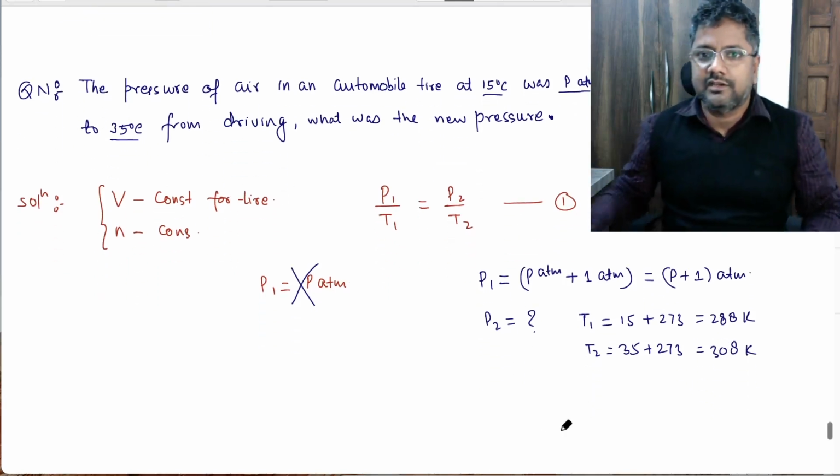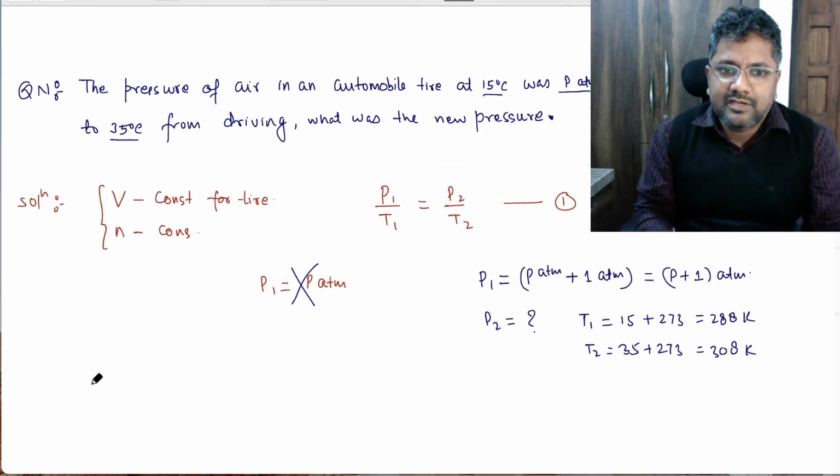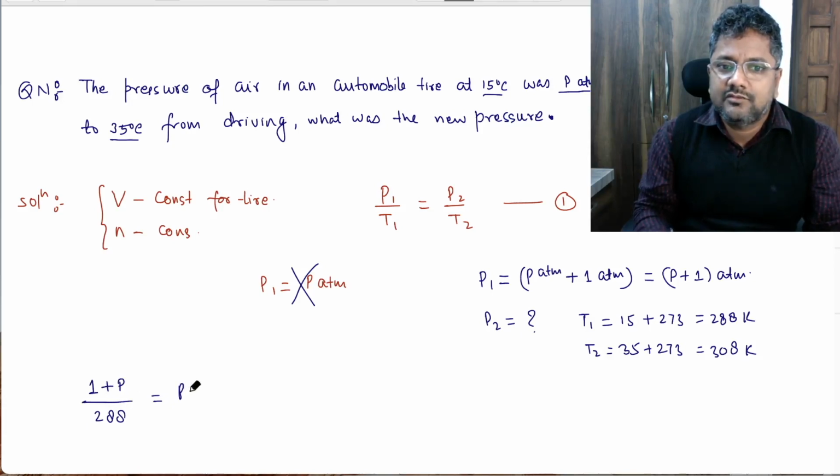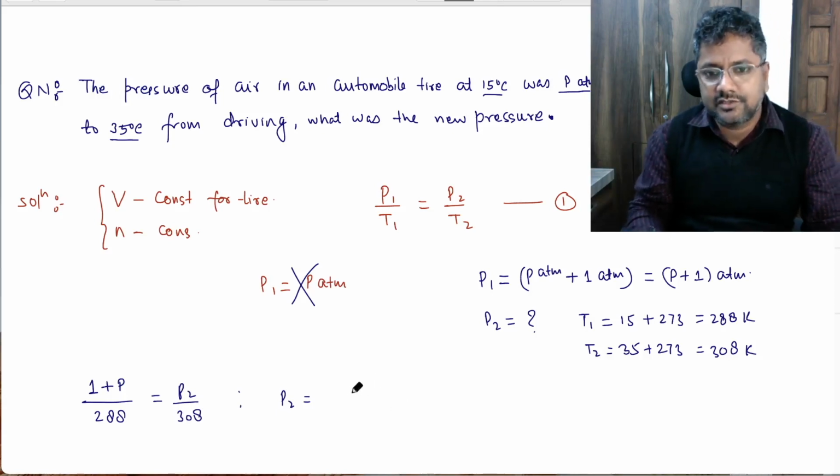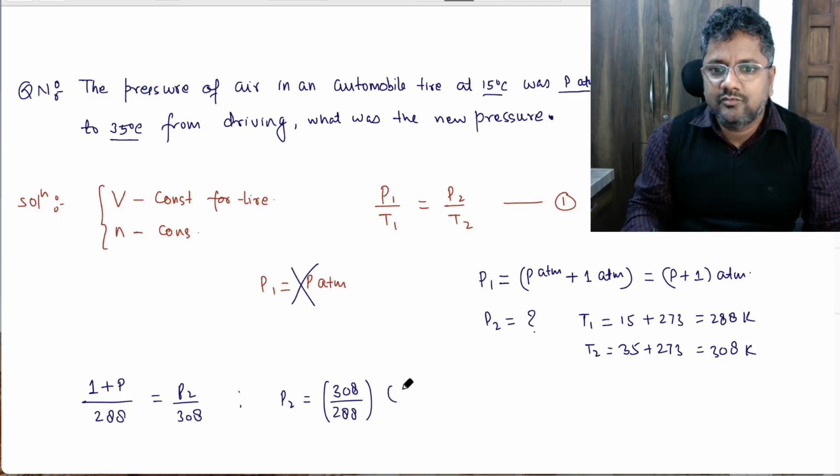So now we can find out: P1, that is P plus 1, divided by T1, 288, is equal to P2 by 308, right? So P2 is equal to 308 by 288 into P plus 1.